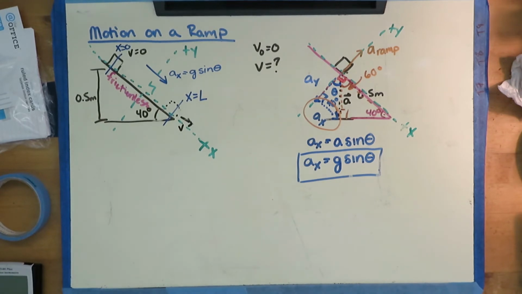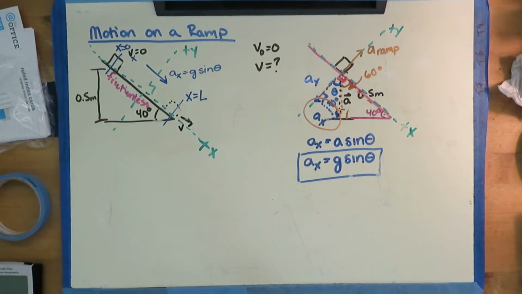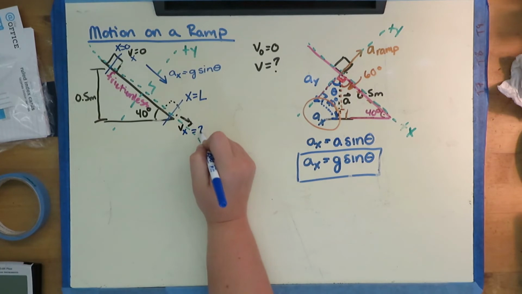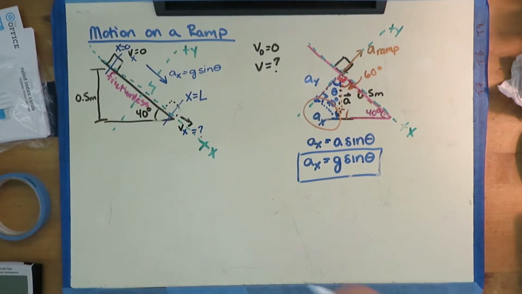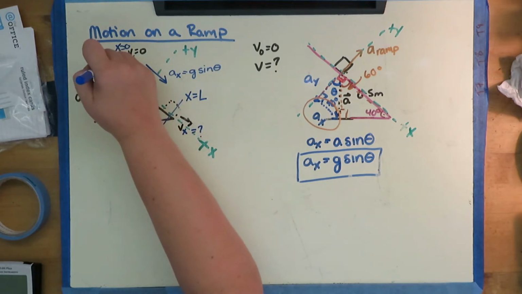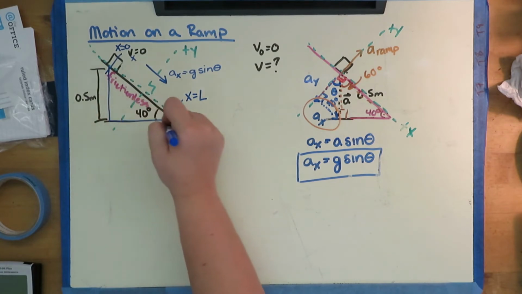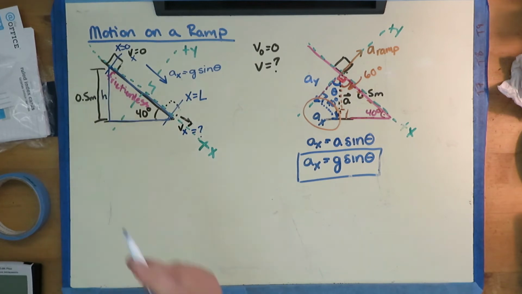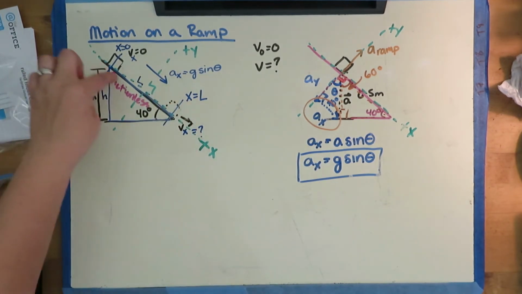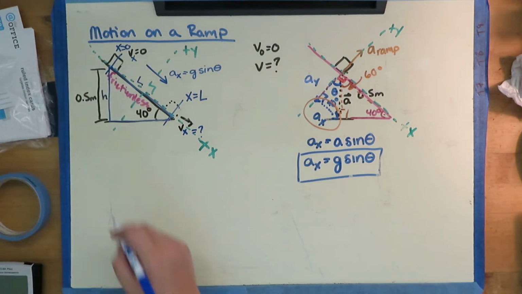So now I know that my v in the x direction initially is equal to 0, and I'm looking for vx at the end. I'm still missing this length L, but hey, what do you know? This is another triangle. If I make a triangle here with the ramp, I have my height h and my length L. Length is the hypotenuse, h is the opposite side from 40 degrees.